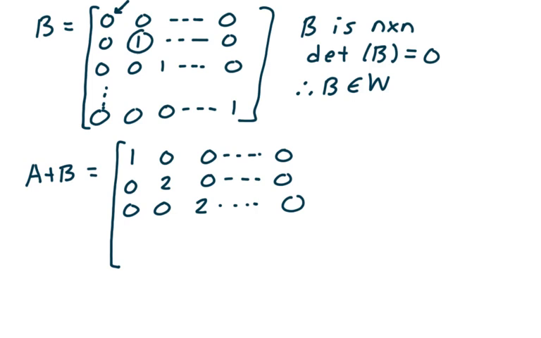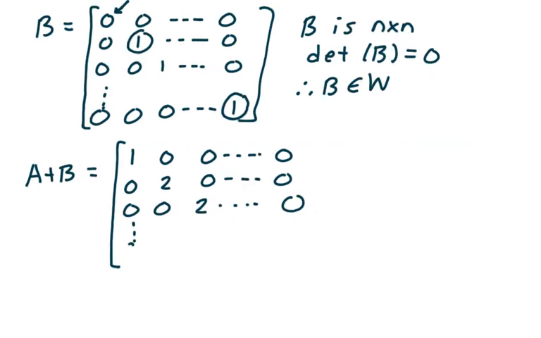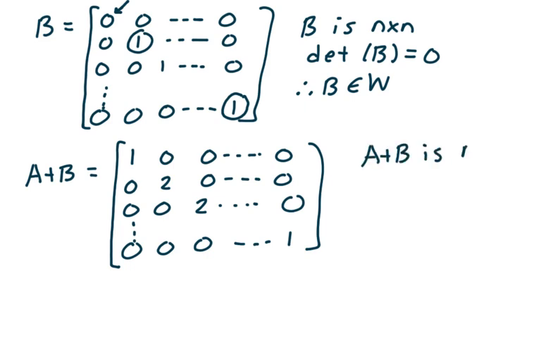And when we get all the way to the bottom right-hand corner, that's a 1 and that's a 0, and when we add them up, we get 1. Now, A plus B is absolutely n by n, right? Adding two matrices of the same dimension doesn't change the dimension of the matrix.